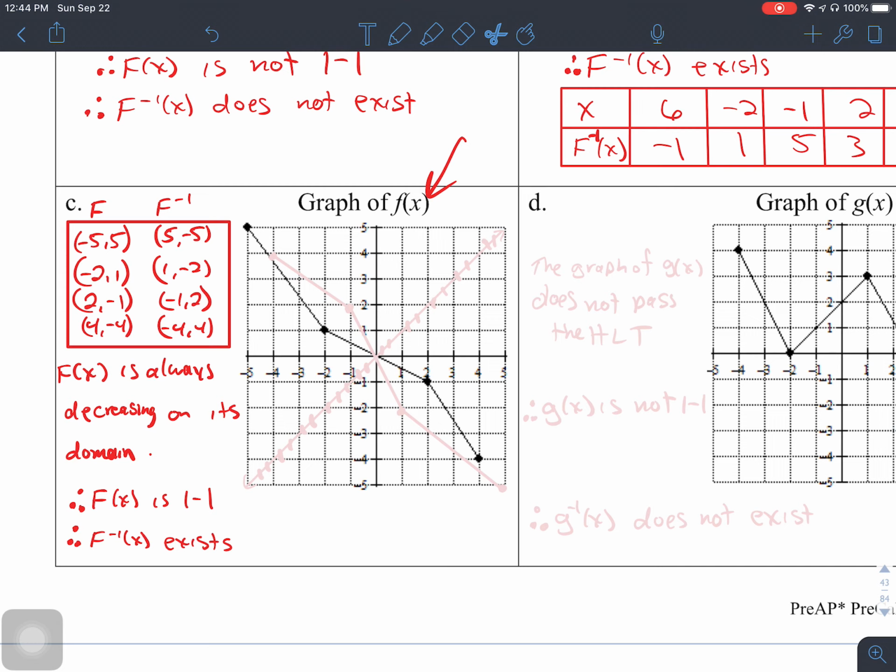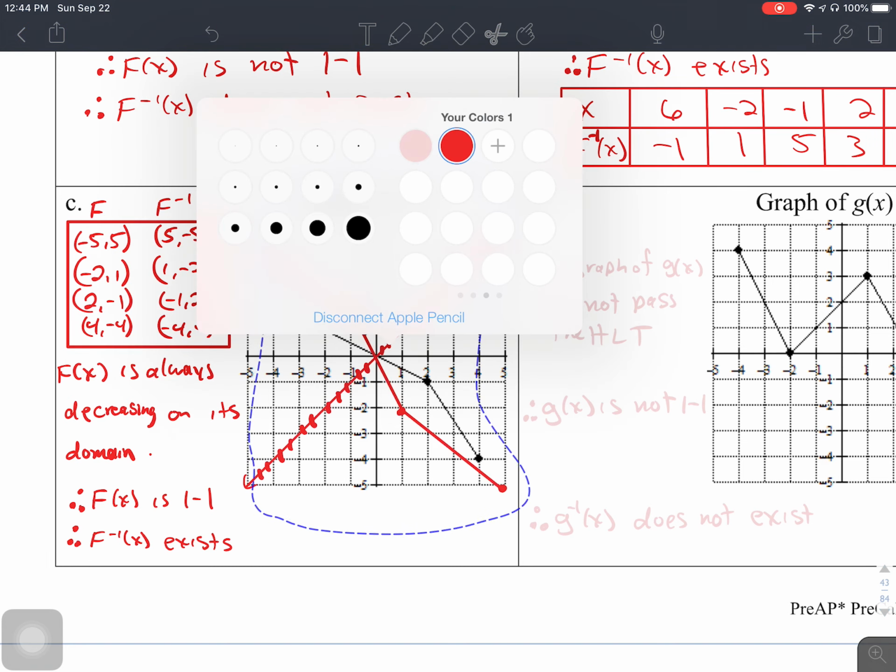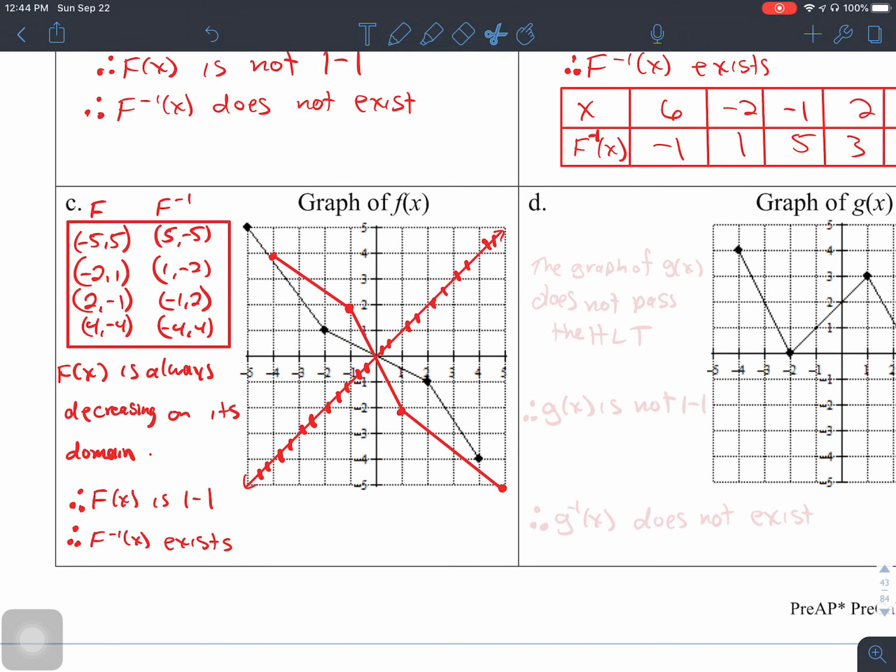If you do that, that means that we are reflecting this graph over the line y equals x. So you can do that visually without making that table. Technically, this table here is optional because you were given a graph.